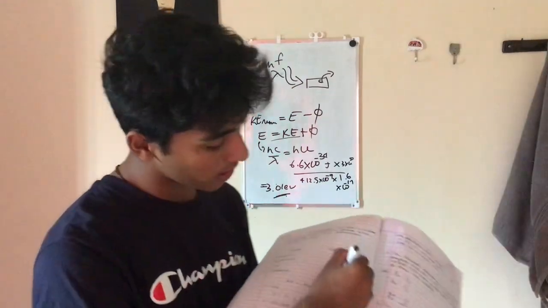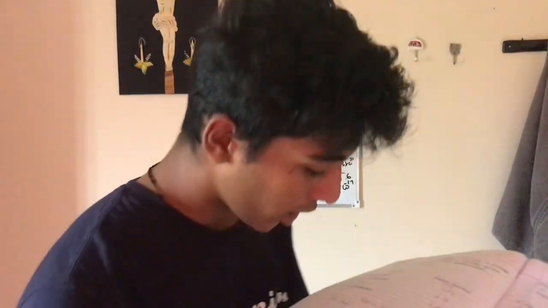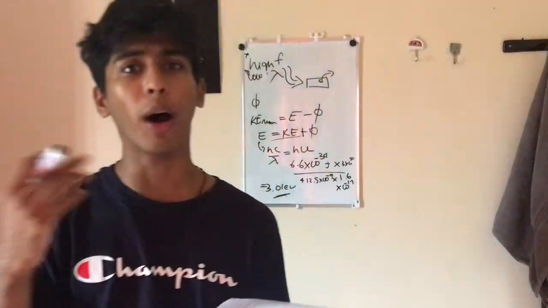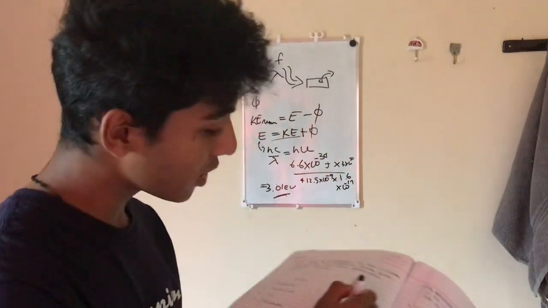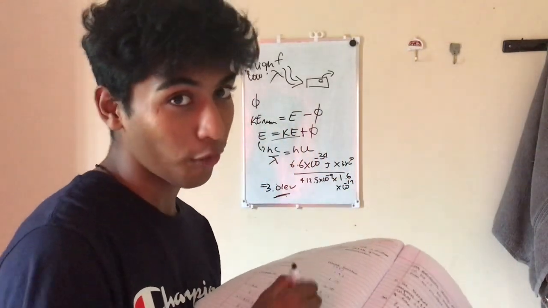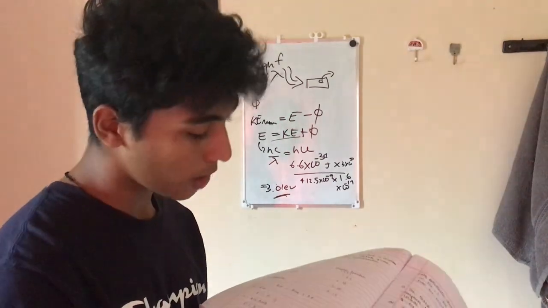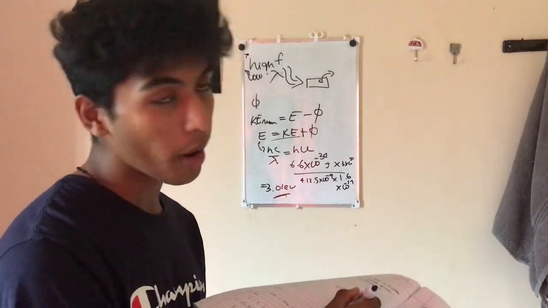The work functions are given over here. We know the minimum and we know the maximum energy. We are given 3.01, so anything which is above 3.01 won't work. Photoelectric effect won't work, right? Because the work function is the minimum energy required for photoelectric emission. Here 1.92 will work, since my total energy is 3.01. 2.15 will work.